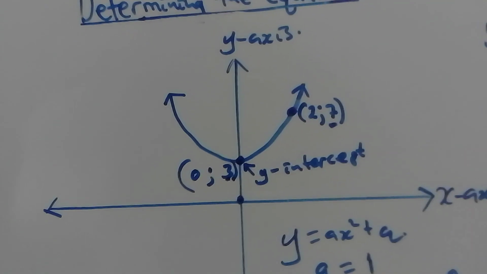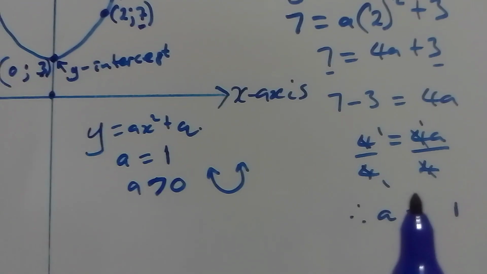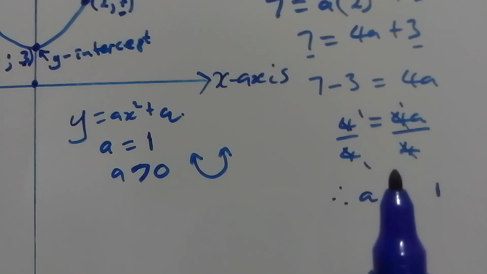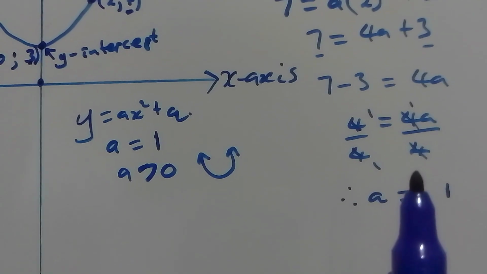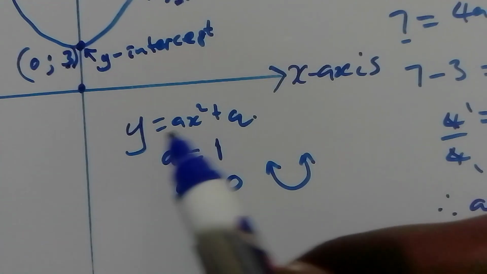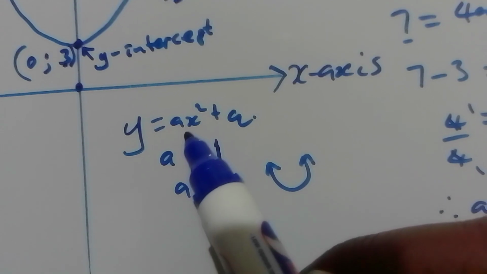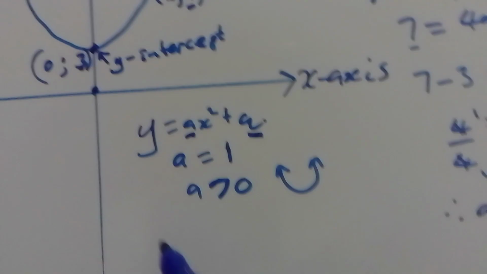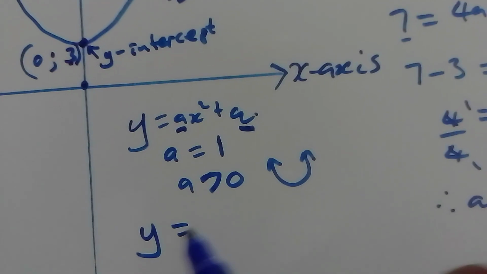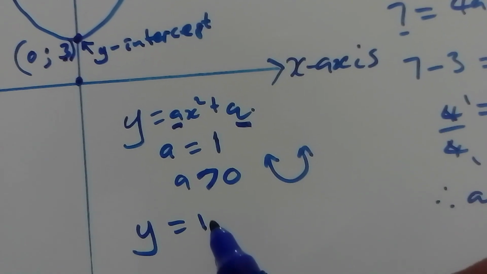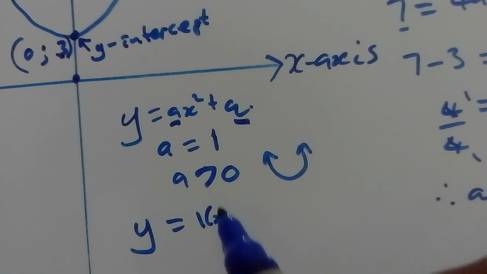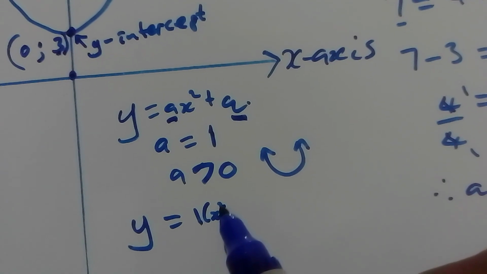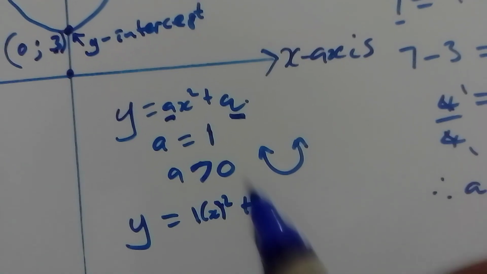Now that we know a, what we are going to do is determine the equation. Remember what is being needed. From y is equal to ax squared plus q, we need to find a and what? And q. Now we found a, so we say y is equal to 1 multiplied by x squared, plus the q.